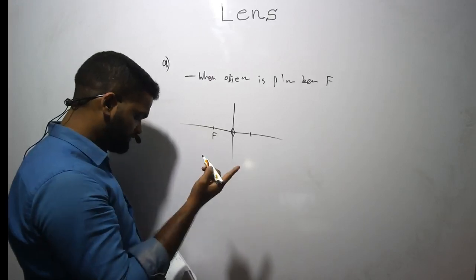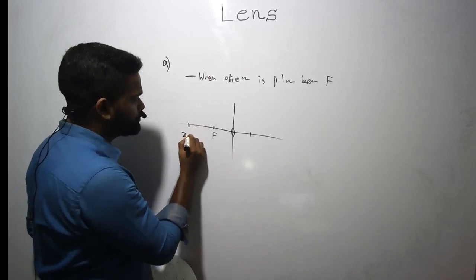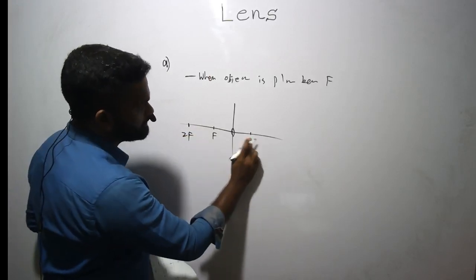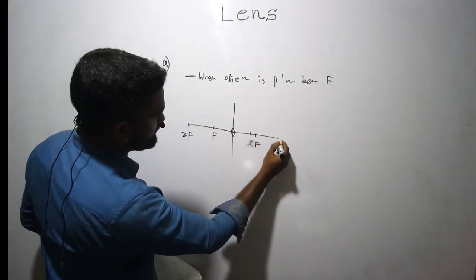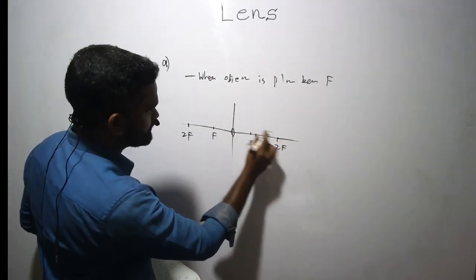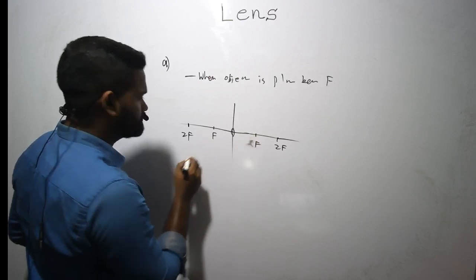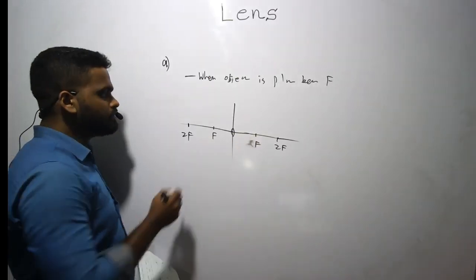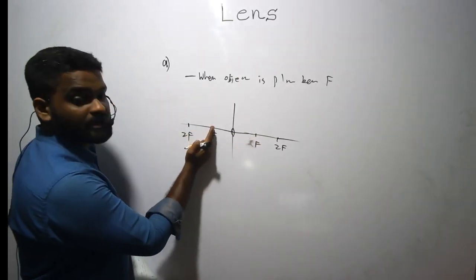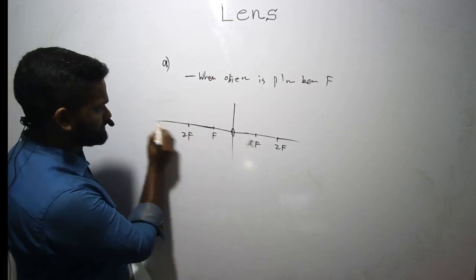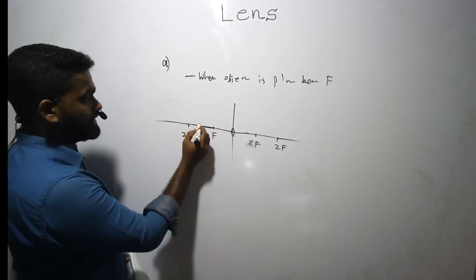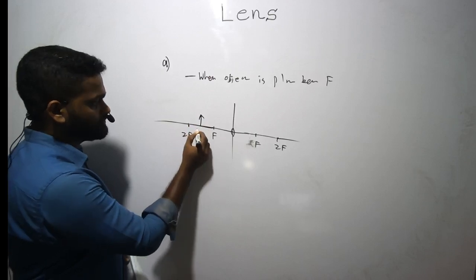Beyond f, then we have 2f here at the same distance f, then again 2f. So beyond f means somewhere in this area. Let's say you place the object here.